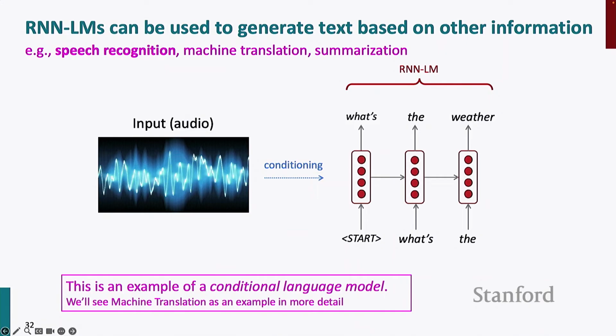We refer to those as conditional language models, because rather than just generating text starting from nothing from a start token, we're generating it conditioned on some source of information.